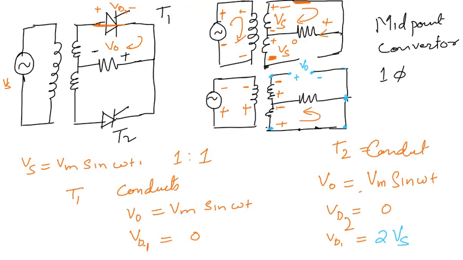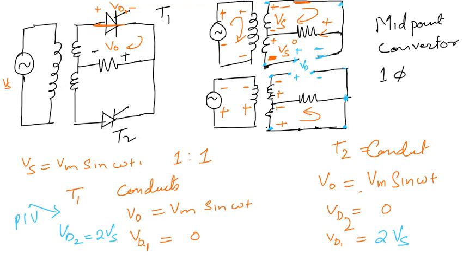This is the biggest disadvantage of this midpoint converter. Similarly, for Vd2 during this portion, if you assume this is positive, this is negative, this point is shorted here, so it will also have twice of Vs. So the thyristor peak inverse voltage rating should be twice of the supply voltage.